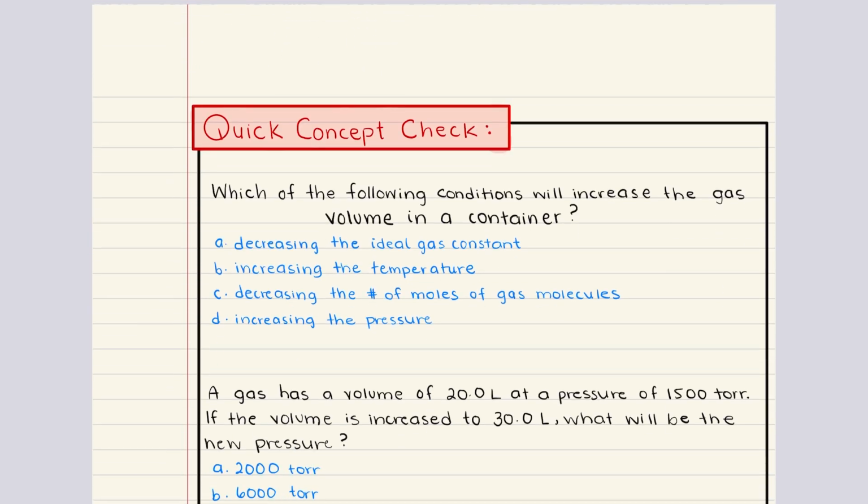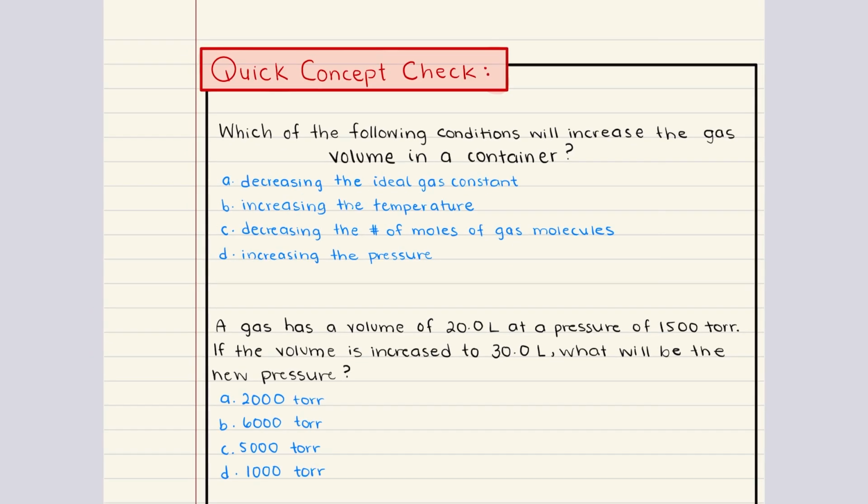Now let's go ahead and jump into a couple of practice problems. This first problem says, which of the following conditions will increase the gas volume in a container? The first thing we want to do is write our ideal gas law, PV equals nRT. Since we're concerned with what condition will increase the gas volume, let's isolate this volume term.